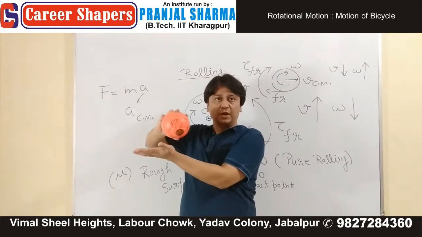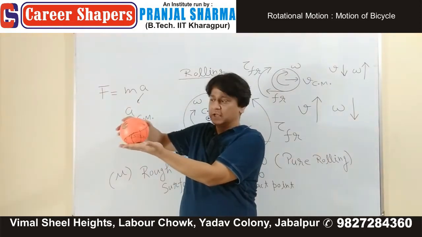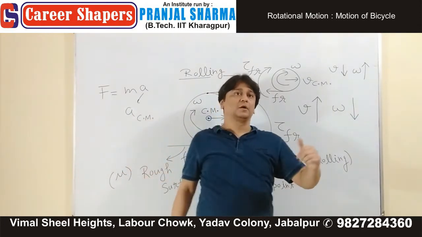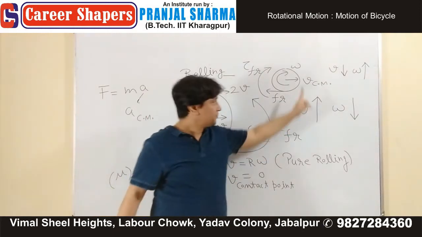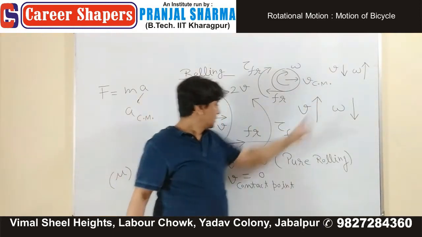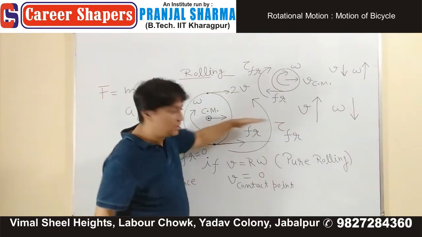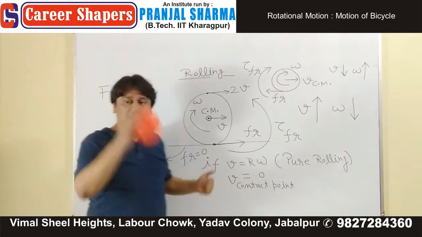You gave it V and omega and you release it on the rough surface. It will keep on moving with V, and the only horizontal force Fr is 0, which tells us what?